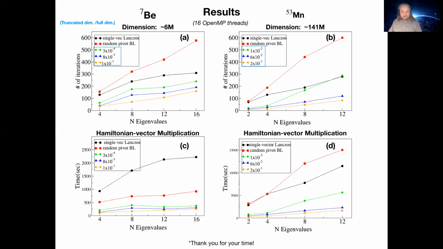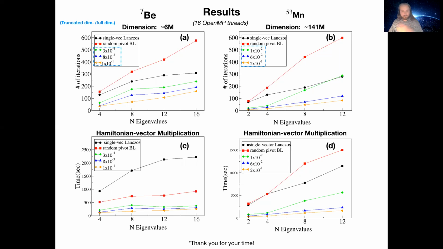Look at plot C. Because of the improved locality, regular block Lanczos, the conventional block Lanczos with random pivots, runs about twice as fast as standard single vector Lanczos. But if you bootstrap the pivots, you run about twice as fast as conventional block Lanczos.